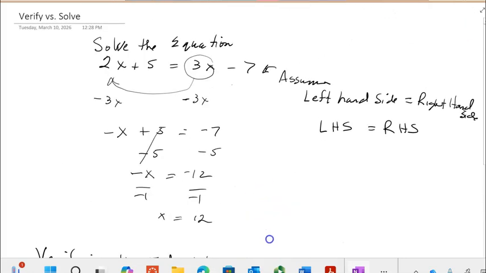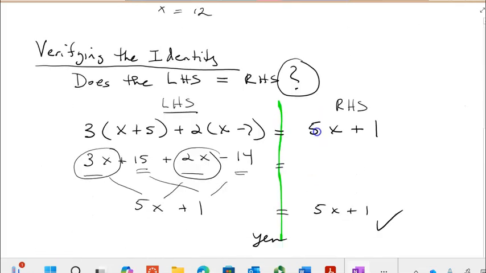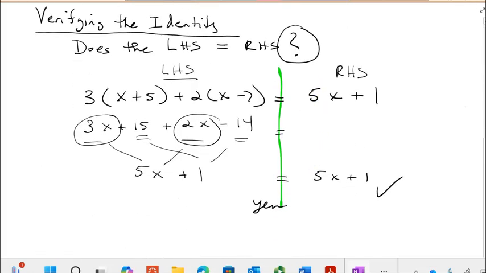When you're solving an equation, you already know your scale is equal, so you can move weights around as long as you do the same thing to both sides of the equation, you keep it equal. The problem when you're verifying an identity is you don't know it's equal. So you cannot add things to both sides of the equation. You must work with them separately until you get them to the same thing at the end. Once you get them to the same thing, you can check it off.